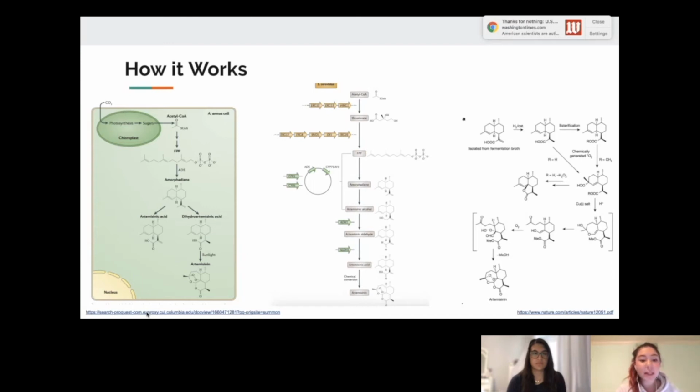The genes marked in yellow are part of the mevalonate pathway and are naturally found in yeast, while the genes in green are from A. annua, the plant, and are either inserted right into the yeast genome or incorporated on plasmids. So through the natural mevalonate pathway, we're able to get to the product FPP.